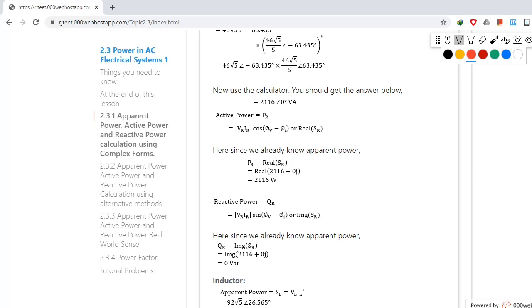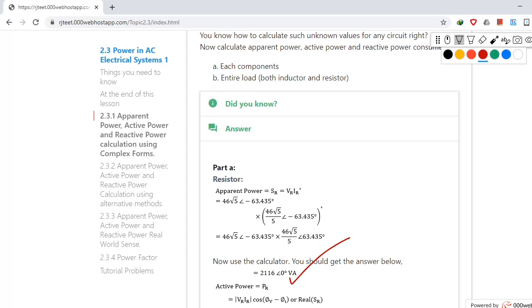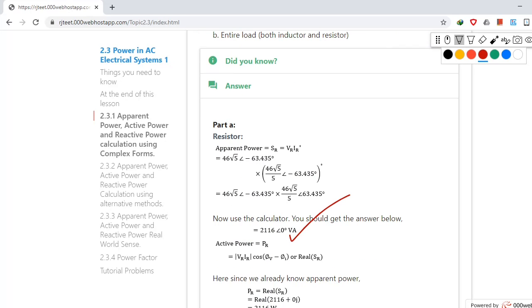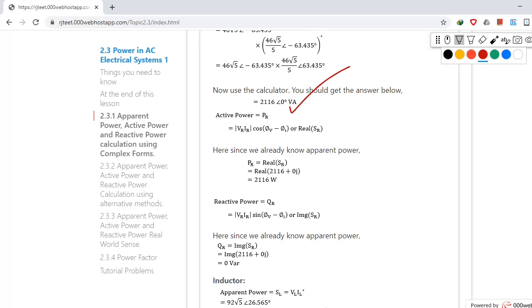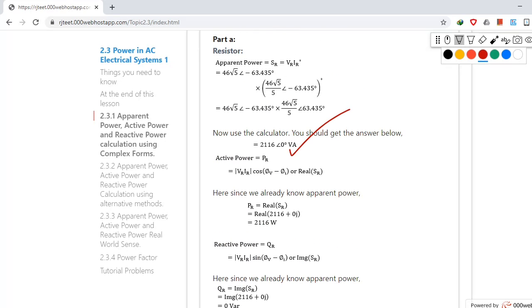And right, now we have found the apparent power through our resistor. So this would be the apparent power, and remember that it's in volt ampere. And now what we have to do is find the active power. And once you know the apparent power, to calculate the active power, all you have to do is take out the real part of this.